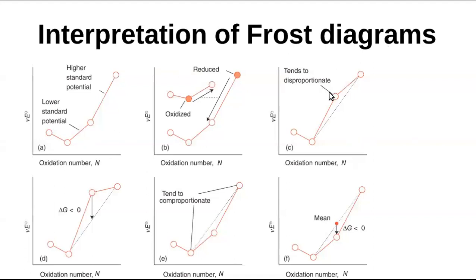If you have 2 forms of an element that are joined by a third one, and if this third one is above the common connection line here, then this item has a possibility to form the other 2, and that would in principle mean that on average it would lower its energy. One says that this is a disproportionation. This is not so uncommon.